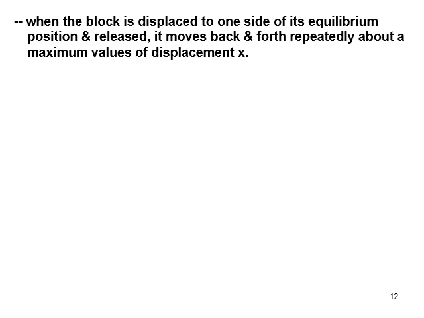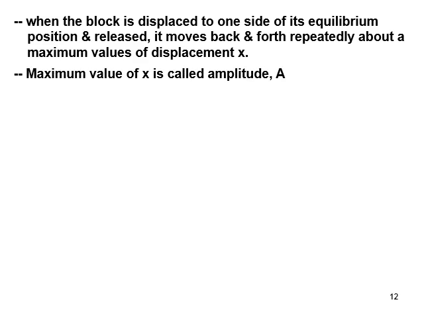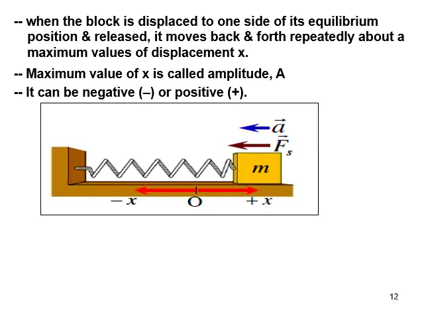about a maximum value of displacement x. The maximum value of x is called amplitude A, and the value of A can be positive or negative. If the block moves to the right, the amplitude is positive, and if the block moves to the left, the amplitude is negative.